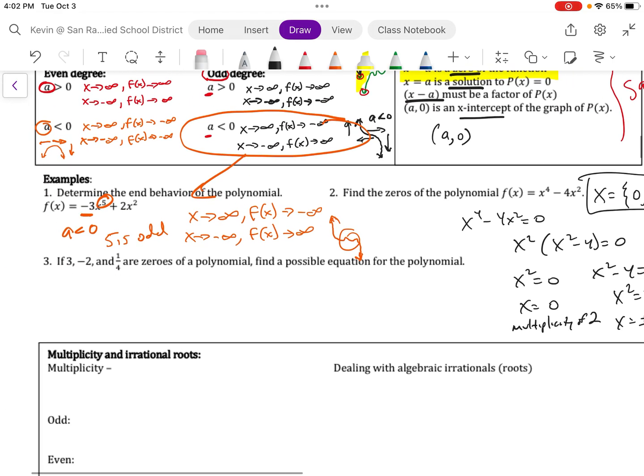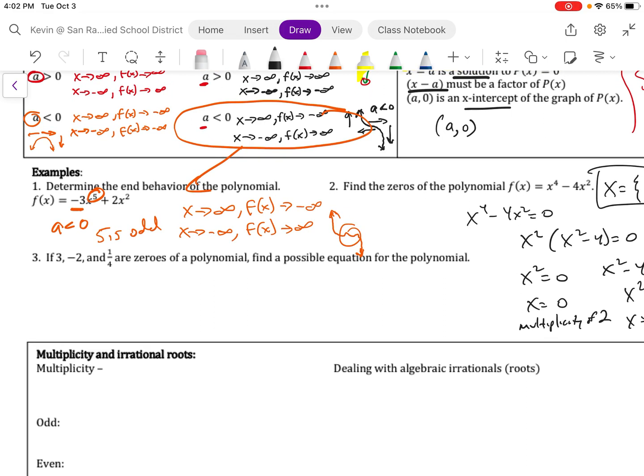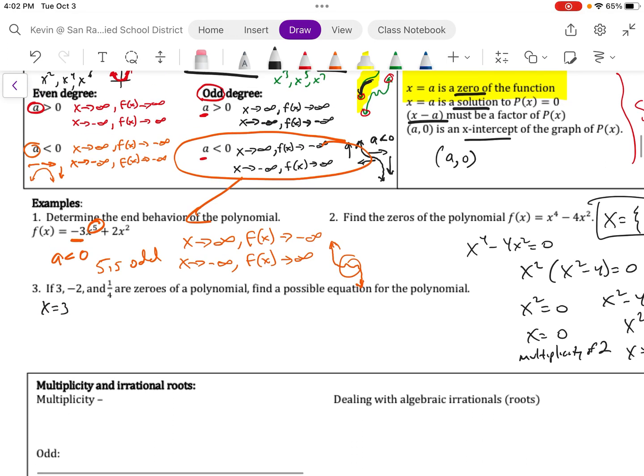If 3, negative 2, and 1/4 are zeros of the polynomial, find a possible equation for this polynomial. I'm going to take each of my zeros and write them as a factor. Since x equals 3, as we saw over here, to write it as a factor we go x minus whatever that value is, so x minus 3. And x equals negative 2 as a factor would be x plus 2.